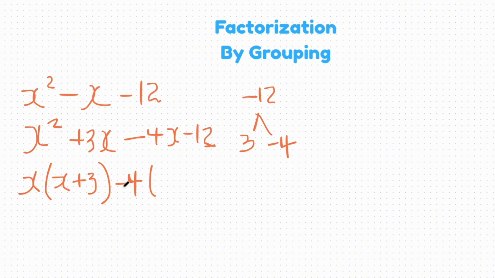Negative 4x divided by negative 4, that would be x. And negative 12 divided by negative 4, that is positive 3. Close bracket. We have x plus 3 twice. We don't need it twice. So write our x plus 3, then our x minus 4.